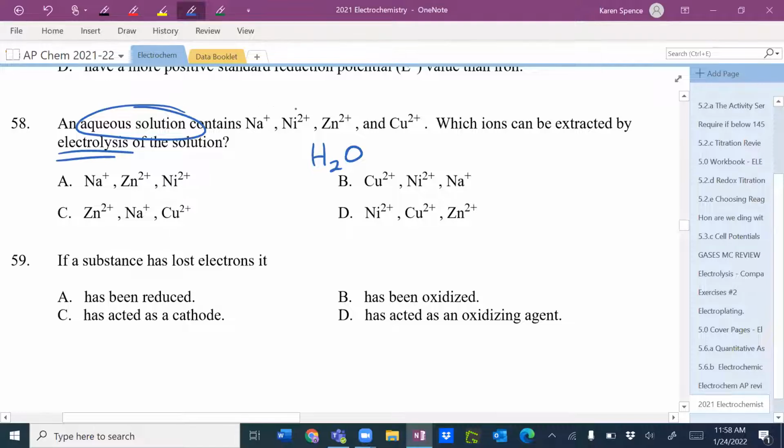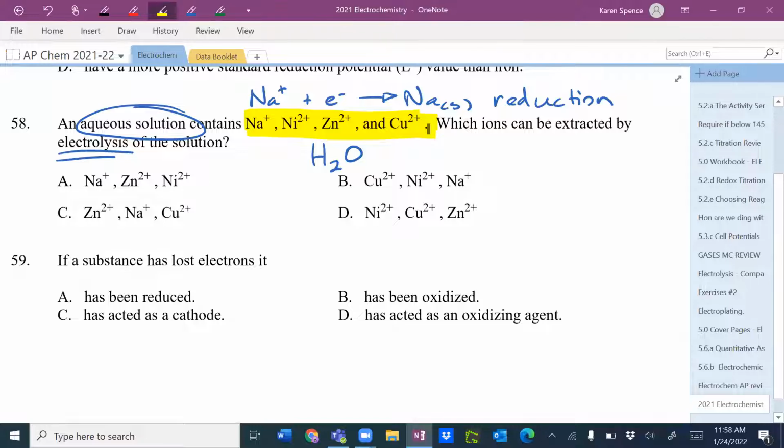Because these would all be gaining electrons in their reaction, say that Na, that's our sodium, for example, that would be reduction. So we have to compare these 4 ions with water and say, are they going to be reduced favorably compared to water? Are they more spontaneous than water, or are they less spontaneous than the reduction of water?